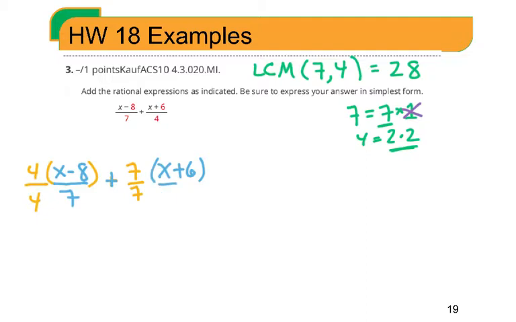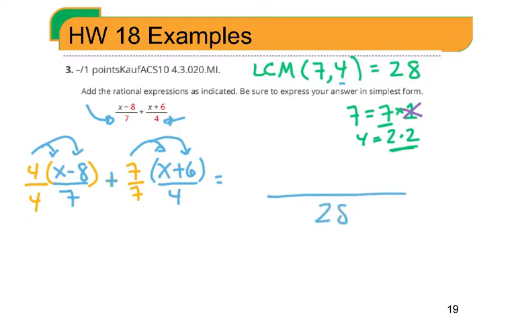Make sure you use parentheses so you'll remember to multiply both terms by the factor that you need. And so when I look at this, I say, oh, this 7 is missing the 4, and this 4 is missing the 7. So that's what we're doing. So this becomes, everything is over 28 now.